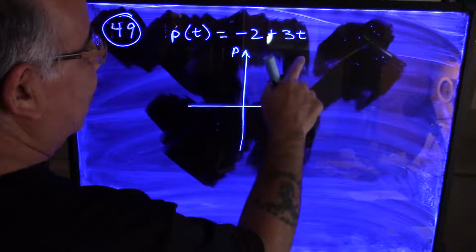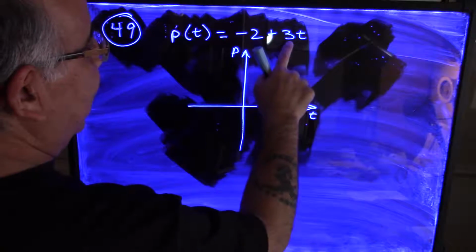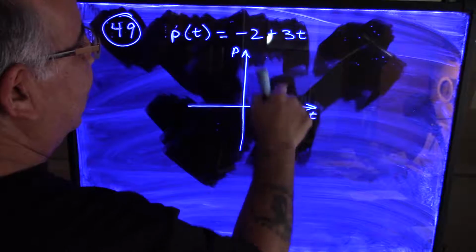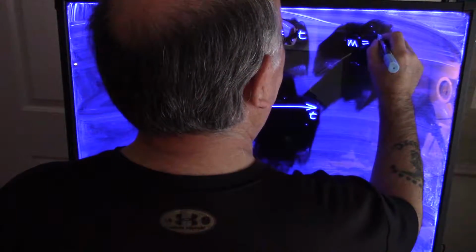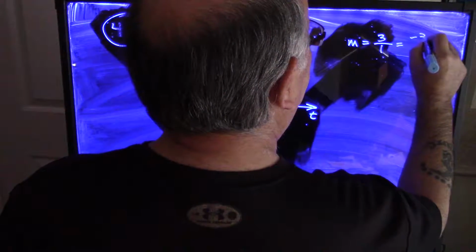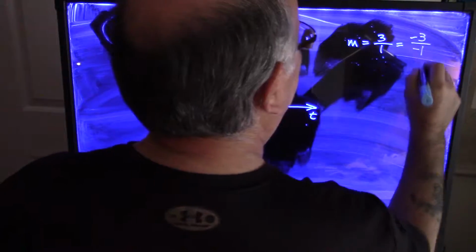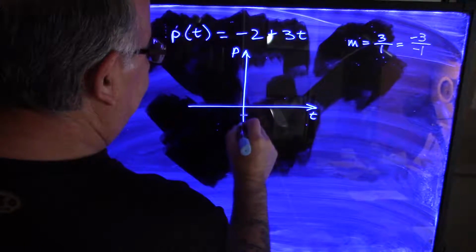Well, the x is the variable. In this case, we're using t as the independent variable, and the number next to it is the slope. That would be 3. So slope m equals 3 over 1, or -3 over -1. And the y-intercept is -2. So let me plot that right now.